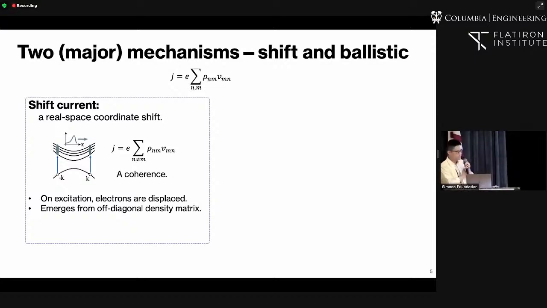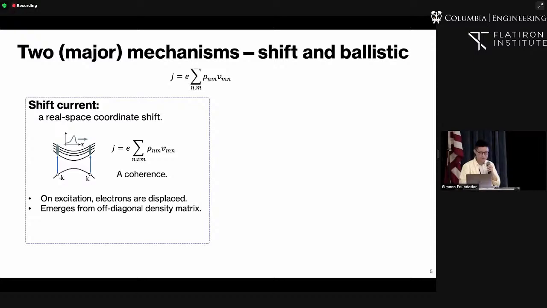However, if we try to assign some physical meaning to this shift current, we can do some manipulation to this expression. And in the end, we will have an expression, which I will show you later, but it basically conveys the information that the shift current describes such a process where, during the photoexcitation, the average position of the wave packet will experience a real space shift.